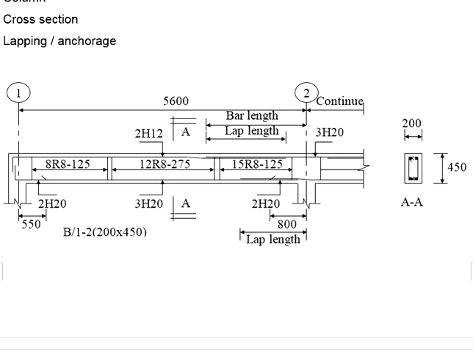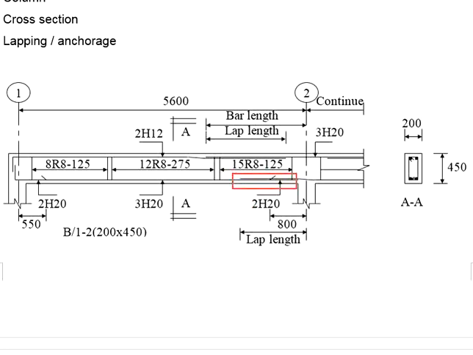Now the next question is where you should put the lapping for the reinforcement. Normally for the bottom reinforcement bar, we will have lapping at the support. It is not recommended to have the lapping of the reinforcement at the high moment region because we have concern with the workmanship. That means the quality of the work.